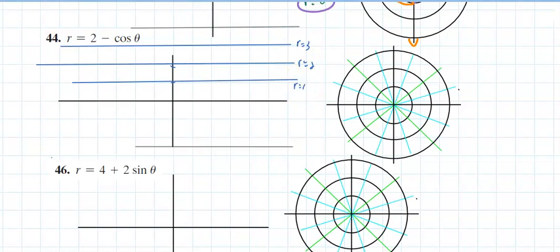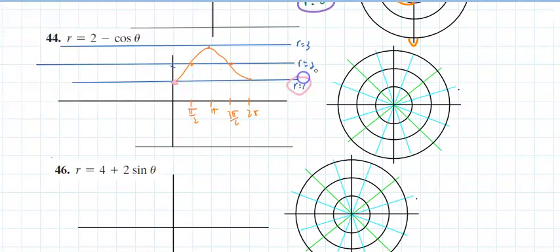So this is an upside down cosine. And it looks just like this. And if I follow these points, this is still 2 pi, this is pi, pi over 2, 3 pi over 2. And if I trace the graph again, let's go.